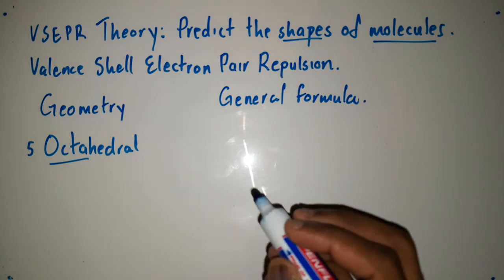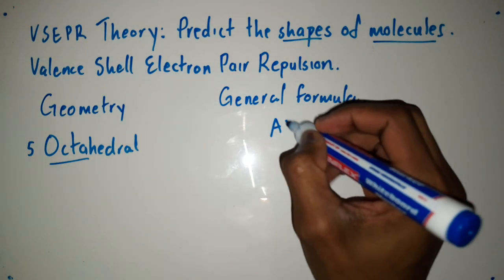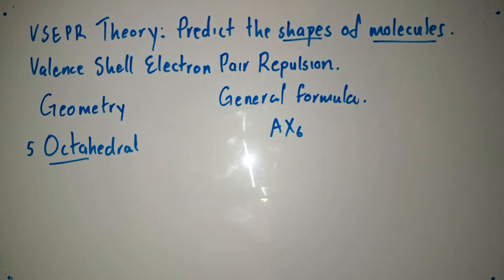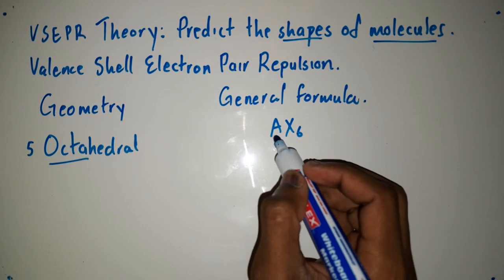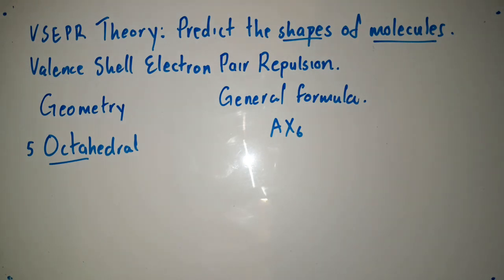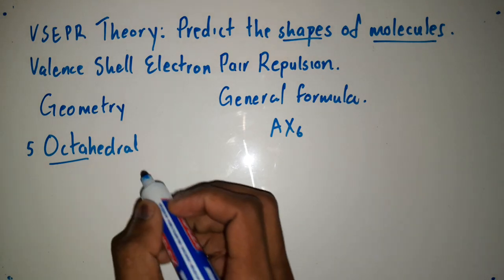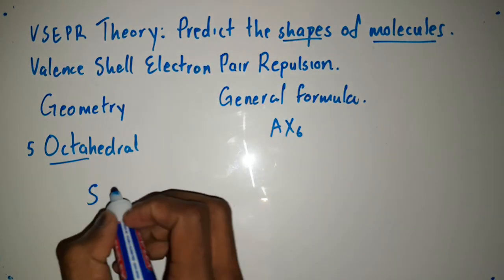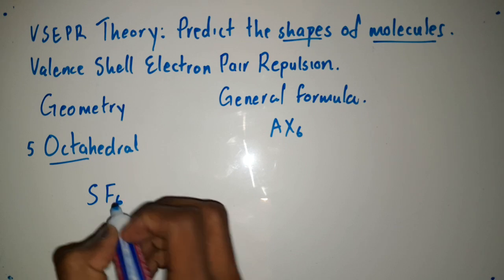But in this form we are going to have AX6 like this. Then now don't forget that A is a central, then this one is a terminal. The example that we have in this regard is going to be sulfur hexafluoride, like this.